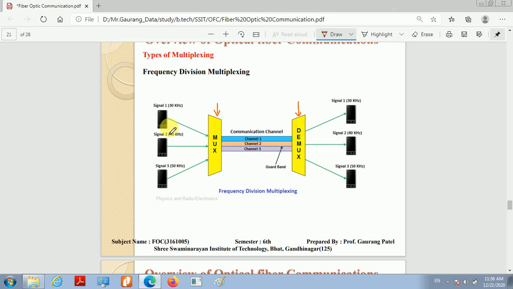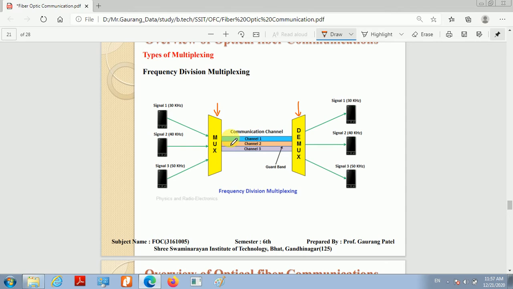Now in frequency division multiplexing, the channel is divided in terms of frequency. Means we are sending multiple signals of different frequencies at the same time, but the frequencies are different. So in FDM, the bandwidth of the channel is divided into different logical subchannels, and each subchannel is given to an individual user.